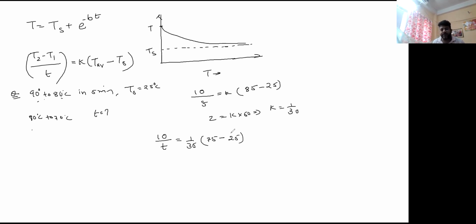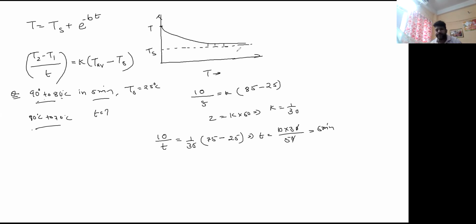So when you solve this, t equals 10 into 30 by 50, that is 6 मिनट. एक चीज देखो, सेम रेंज पे जितना टेम्परेचर सराउंडिंग टेम्परेचर का आसपास आ जाएगा, टाइम विल टेक मोर. ओके, टाइम विल टेक मोर.